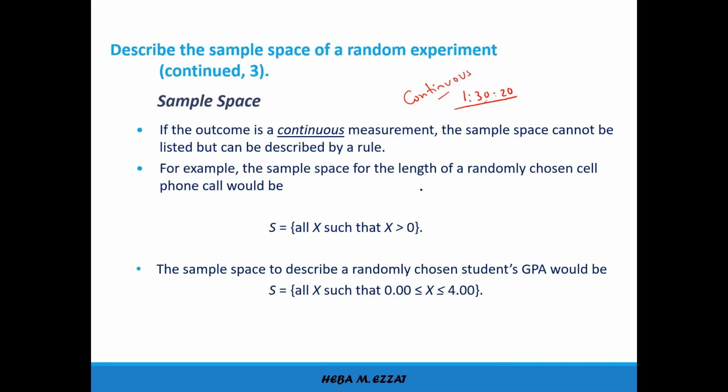For example, if the length of a doctor visit is considered, we will say that the sample space equals all x, where x refers to the possible outcomes, such that x is greater than 0.